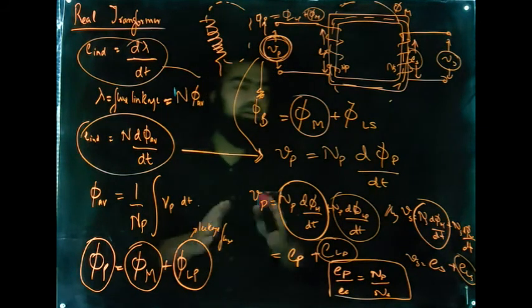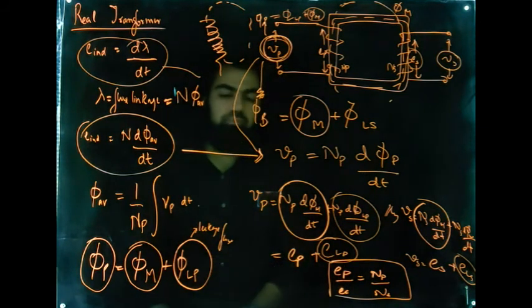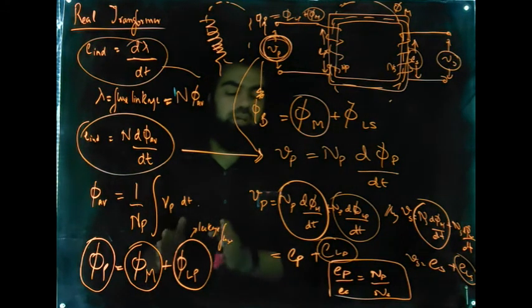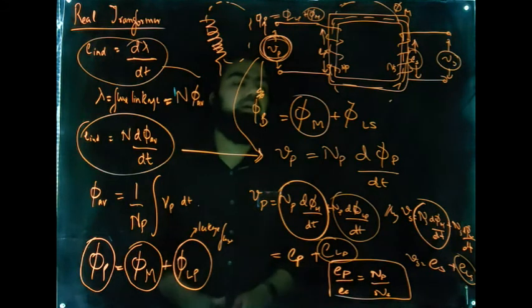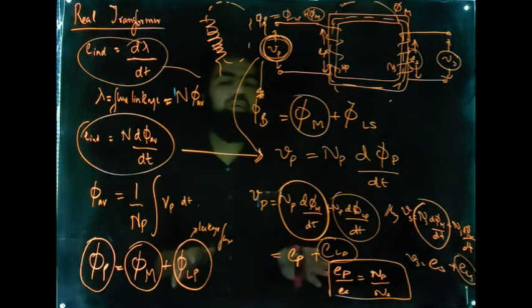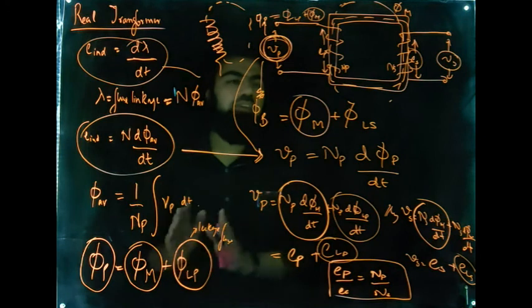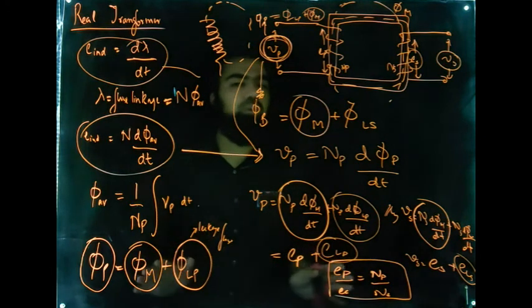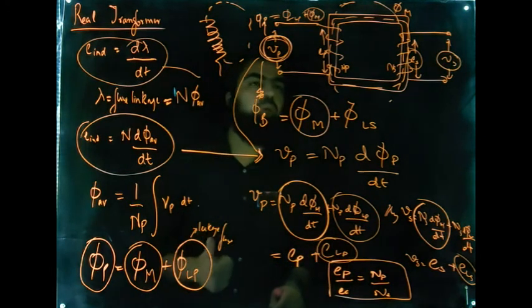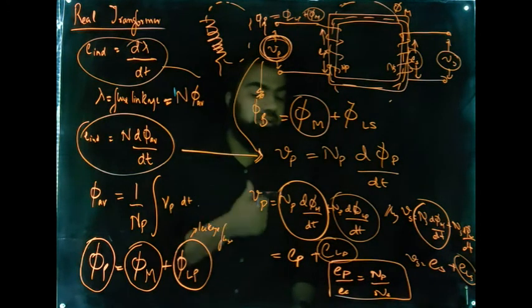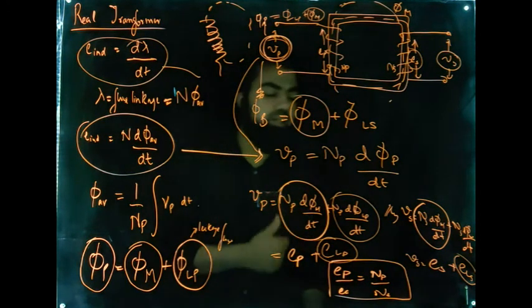So VP and VS, what was the case in case of an ideal transformer was VP divided by VS was equal to A. That was NP divided by NS. But in case of a practical transformer, VP divided by VS will not now be equal to A because of the drop in the primary winding ELP and drop in the secondary winding ELS.